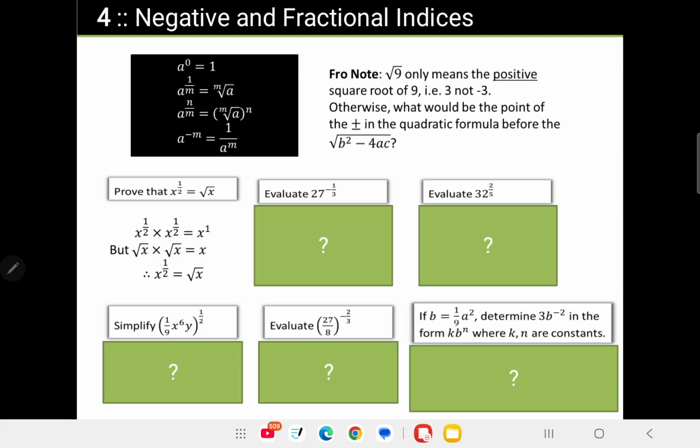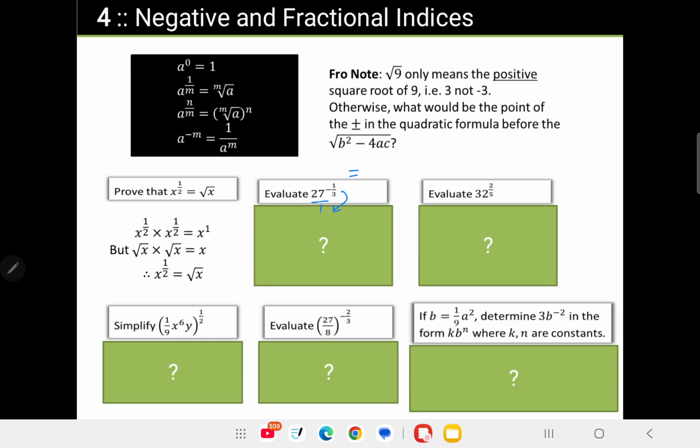Okay, so the next question is, we need to find the value of 27 power minus 1 over 3. If you apply the reciprocal on this value, I mean if you take this to the denominator, 27 power minus 1 over 3 can be written as 1 over 27 power minus 1 over 3 over 1. Any number, if you divide by 1, will remain the same.